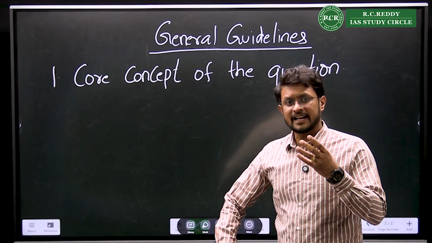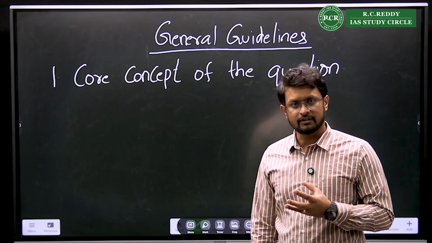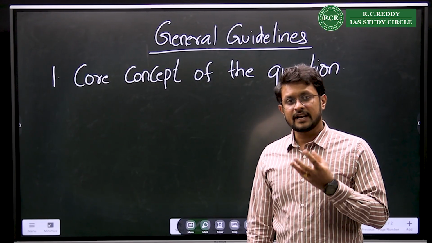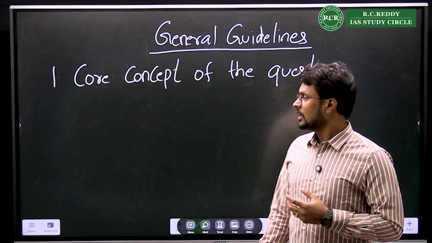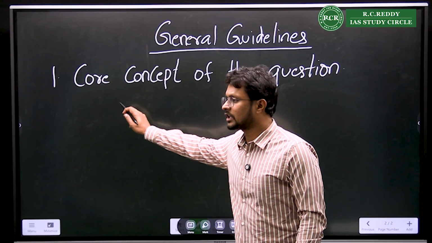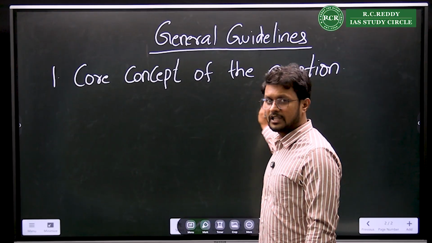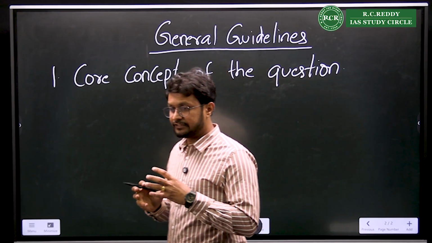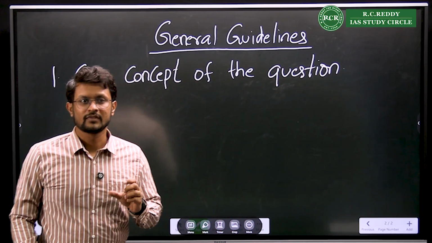So a wide variety of topics are present in 1A. Hence, it is very important for the students to identify the core concept of the question. This helps us identify the demand of the question.